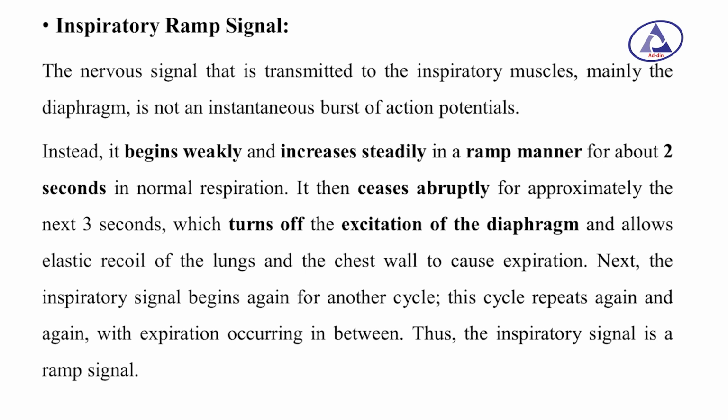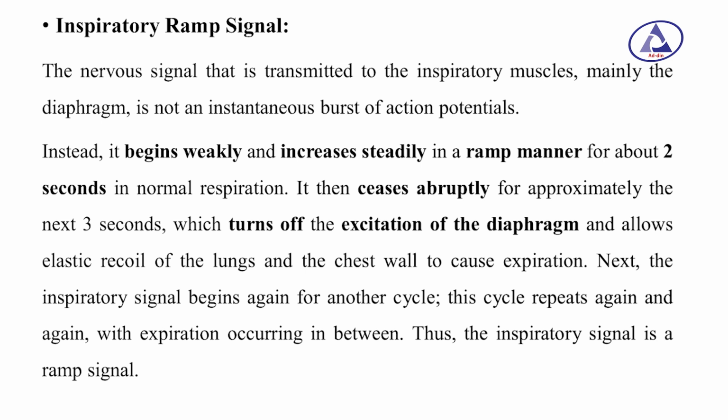Now, what is inspiratory ramp signal? This is a nervous signal which is transmitted to the inspiratory muscles, mainly the diaphragm, and not in an instantaneous burst of action potential. Simply, it is an action potential, a nervous signal transmitted to the inspiratory muscle, mainly the diaphragm.